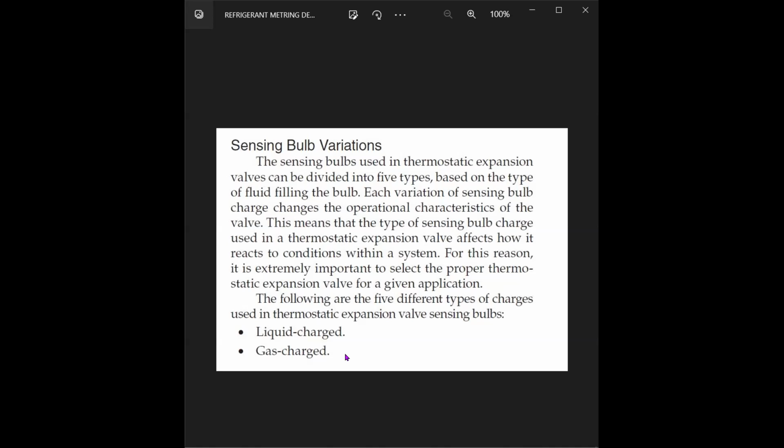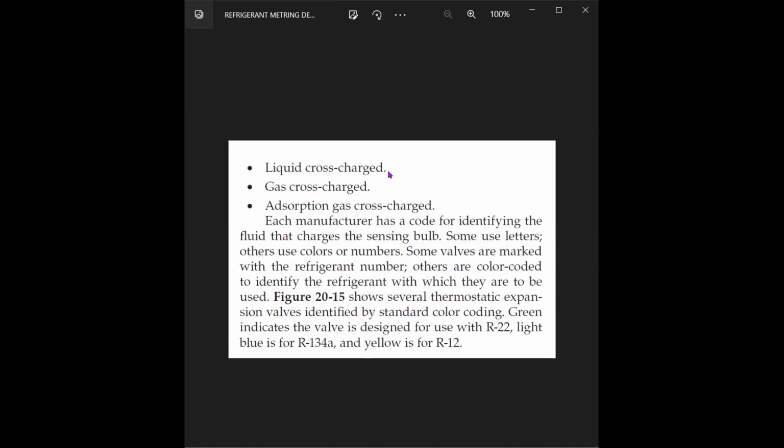However, if the valve body starts getting colder, then vaporization will be faster, and the valve will close faster, and basically you can operate in the range from minus 1.1 degrees to 15.6 degrees Celsius. That is the range. The liquid cross charge range is minus 40 to 4.4 degrees Celsius.